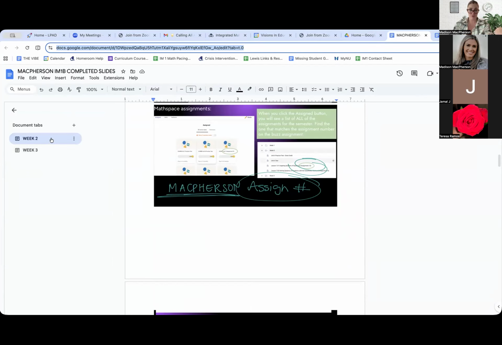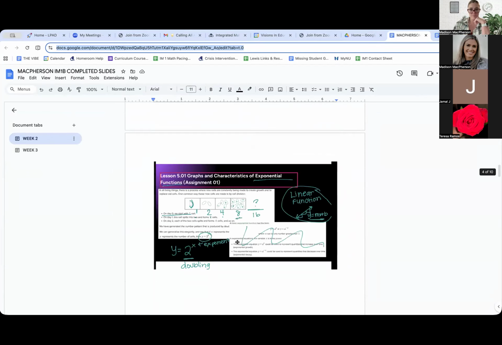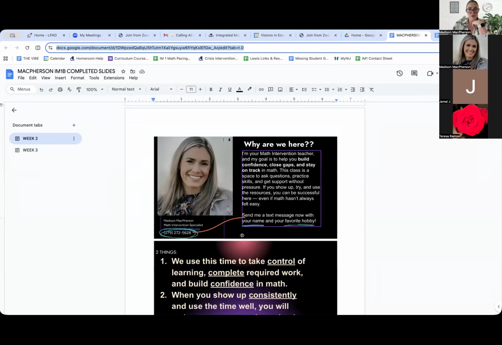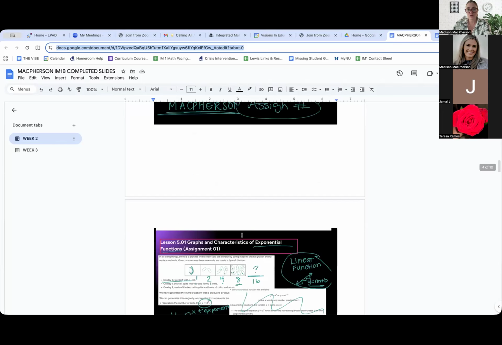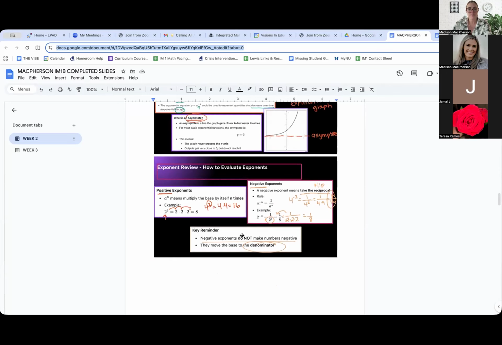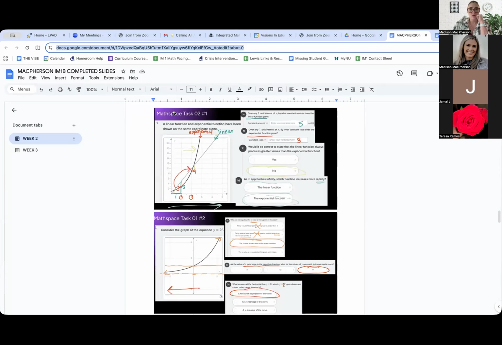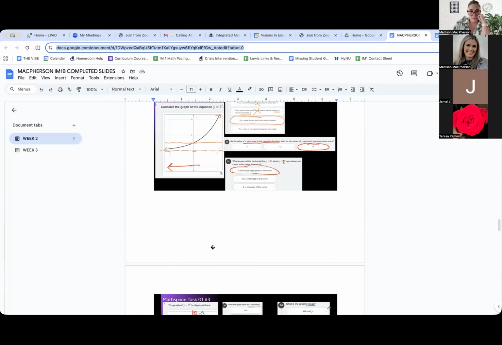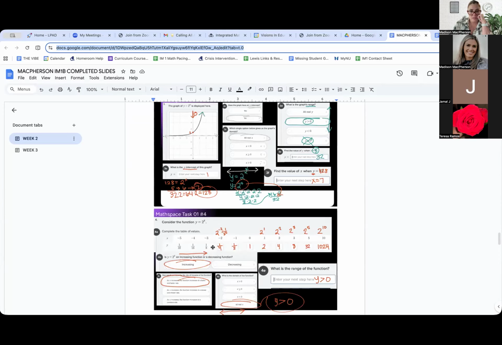If you go to week 2 and look at the agenda, you'll see this one has assignment 1 and assignment 2 completed. So if you scroll through, it'll show you how to do the work, but then it'll also give you the math-based assignments. So you can open up task 2. Oh, these are kind of out of order. I need to fix this. Where's task 1, number 1?